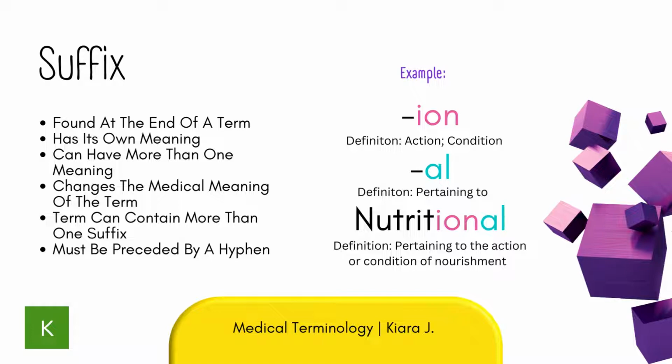As seen in the example, we have -ion, which means action or condition. And then you have the suffix -al, which, as we saw in the last slide, is defined as pertaining to. Now, when combined with the combining form nutri/o-, you will see that this means pertaining to the action or condition of nourishment.